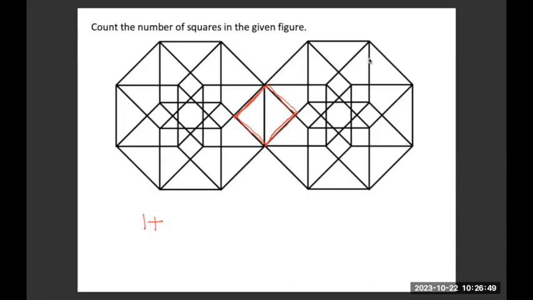Vishwa, wrong answer. Kushi, wrong answer. Heer, correct answer. Yesha, correct answer. Shimoli, wrong answer. Tisha, wrong answer. Ria, wrong answer.